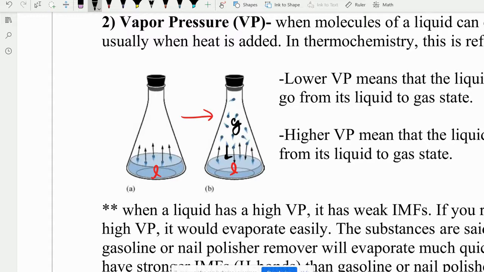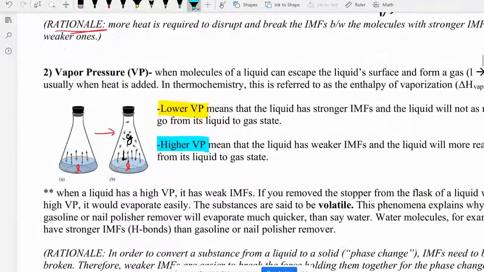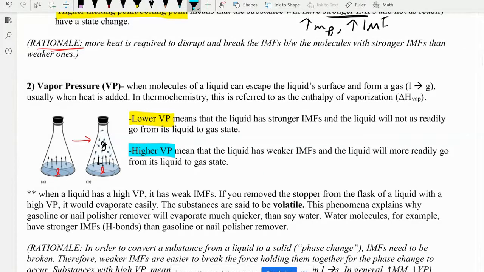So what does it mean when a substance has a low vapor pressure versus a high vapor pressure? Well, let's think about this. A substance that has a lower vapor pressure means that the liquid is going to have really strong IMFs, and that liquid is not going to readily go from liquid to gas state right at that interface.